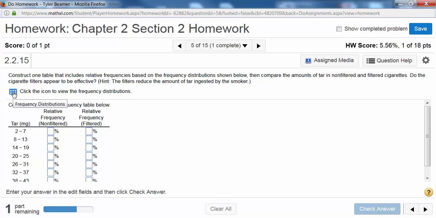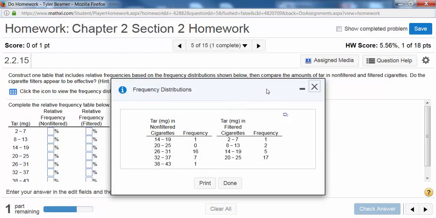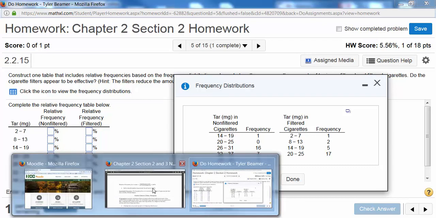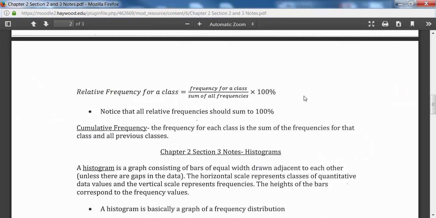So if you click on the icon, then you will actually get the frequency distribution, and then we want to find the relative frequency essentially in each class. And you have this split up into both non-filtered cigarettes, so tar in milligrams, and filtered cigarettes, also tar in milligrams.